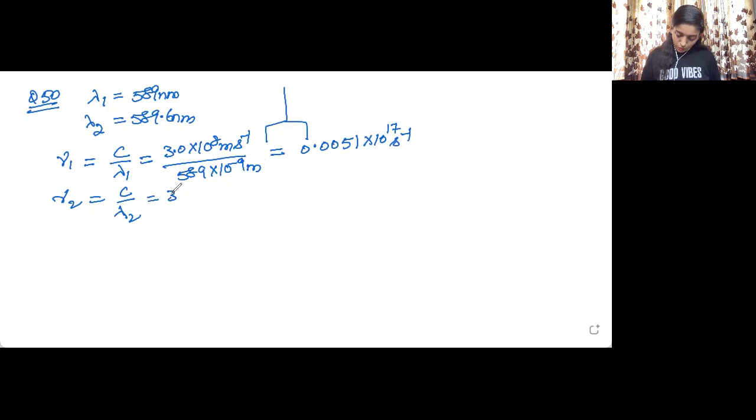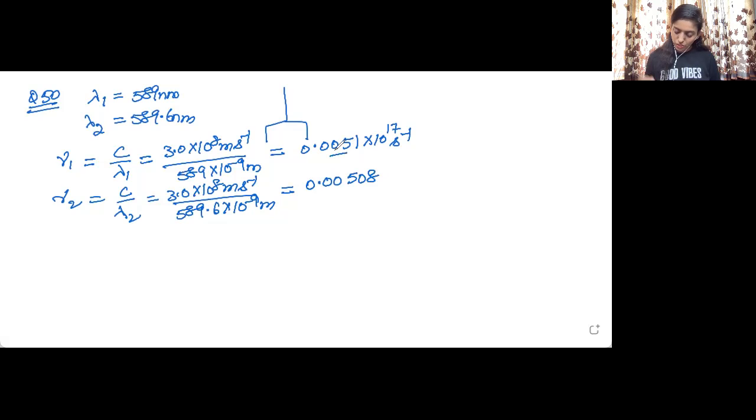Now 3.0 into 10 raised to the power 8 meter per second upon 589.6 into 10 raised to the power -9 meter. So this will be equal to 3 divided by 589.6, which is coming out to be 0.00508.